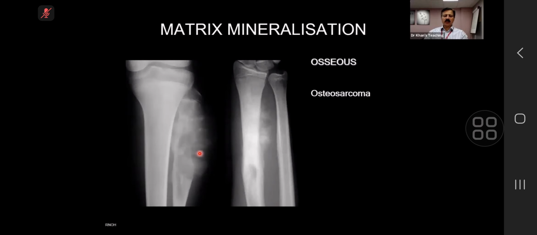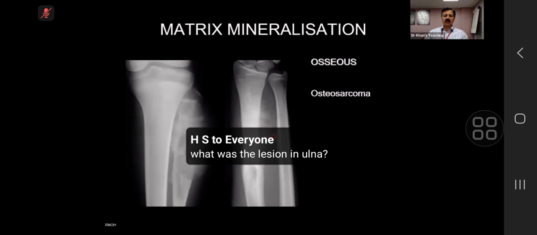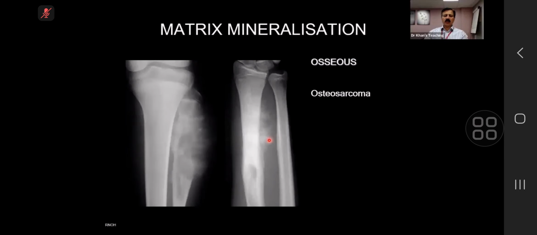So if you see here, there is a lot of ossification in the soft tissue, telling you that this is a bone forming tumor. And when the examiner asks you, you are going to tackle this case by saying that this is an aggressive lesion, describe it, and then say that within the soft tissue there is osseous matrix.